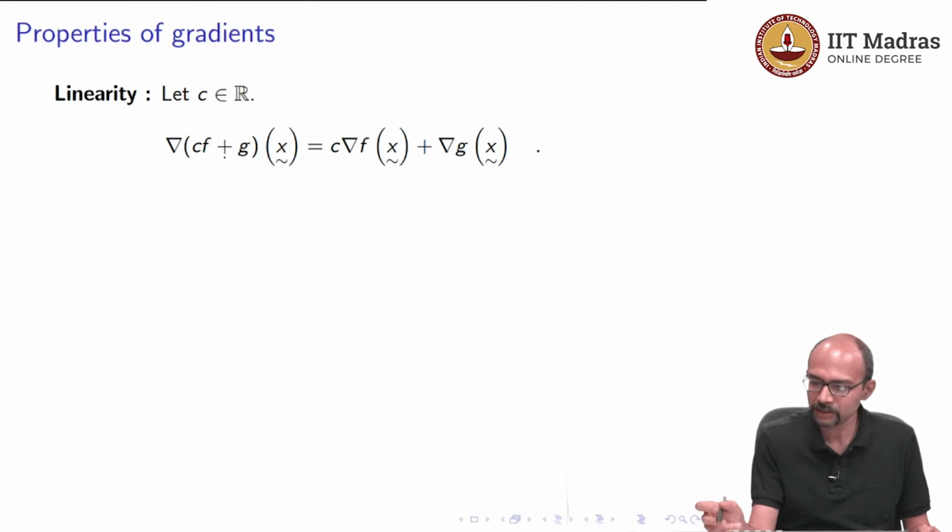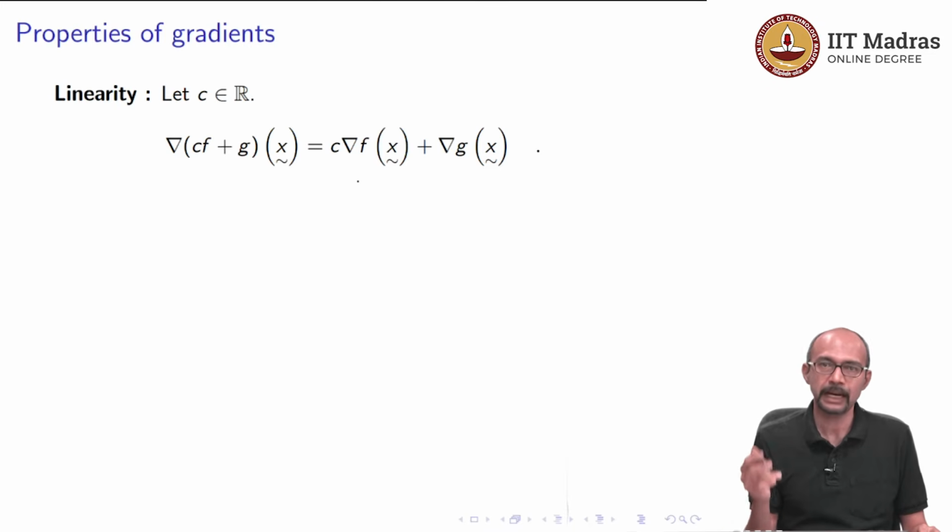All these three terms here, gradient of c f plus g, gradient of f and gradient of g, are vectors consisting of functions. So, they are basically vector valued functions, and c times this gradient f is a scalar multiplication of that vector valued function, and we are saying that these vector valued functions satisfy this equation.